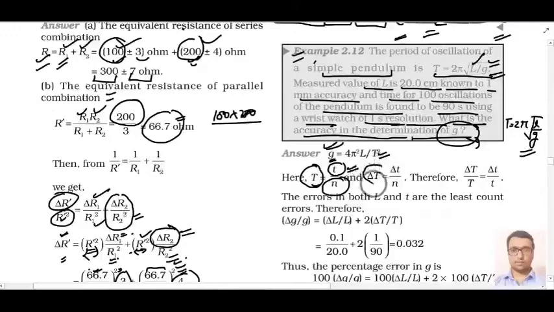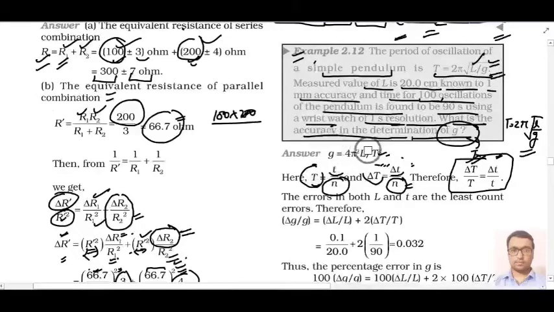So if you want to calculate the error in time period, that will be the error in total time divided by the number of observations. So you can write delta T by T. Remember, this delta T by T is for the time period, and this is the total time because we are measuring it for 100 oscillations.